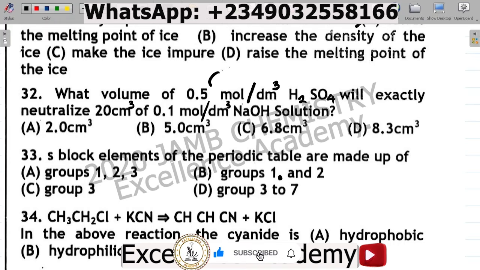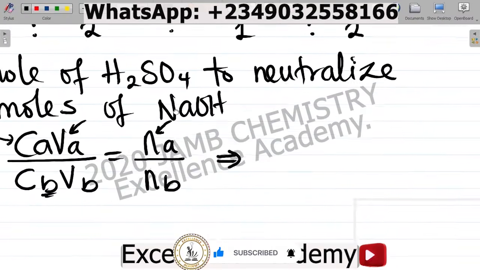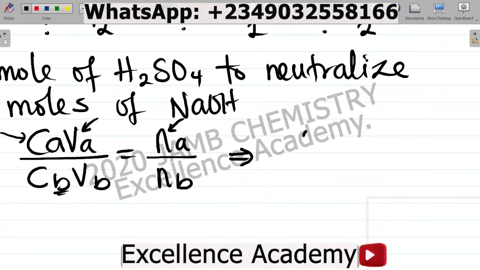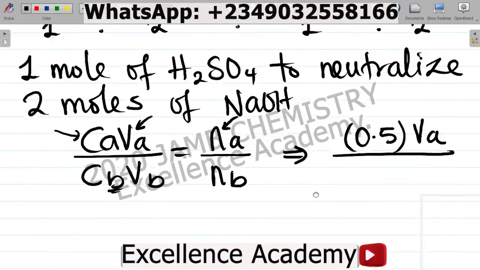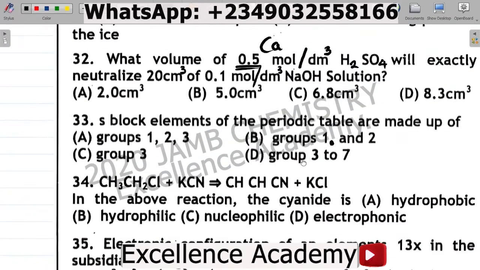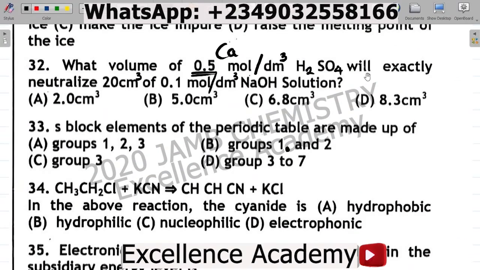So what you have here is Ca, that's the concentration of the acid, 0.5. Va, they're asking for what volume of the acid, we don't know, we'll call it Va, all over. For Cb, concentration of base, said will exactly neutralize 20 cm cube.